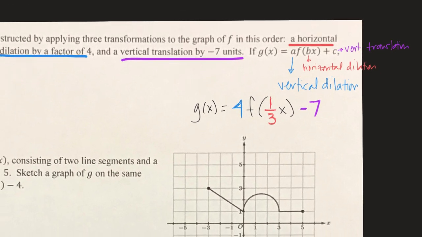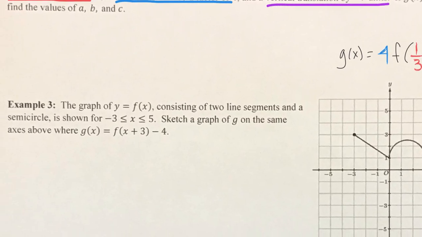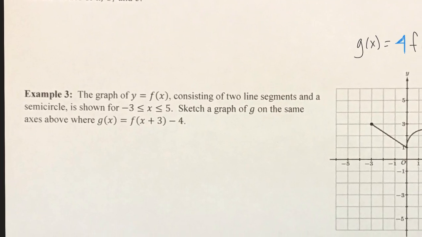Okay, so let's see if we can do that with this graph. This graph has some line segments and a semicircle. And there is the domain of our graph, -3 to 5, right? This is the domain. These are your possible x values. Okay, graph some g that has this as its equation.